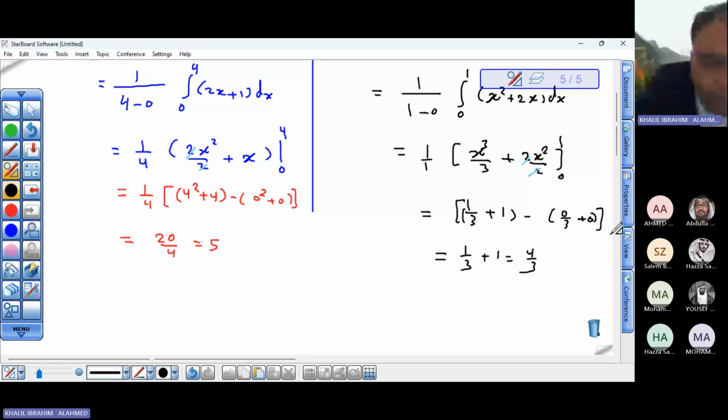That's enough for today. Any question about the lesson today? Did you understand the lesson? Definite integral, how to find the definite integral, how to find the area under the curve. If the area is under the x-axis, you should multiply by negative because the function is negative. If the function is above the x-axis, the function is positive.